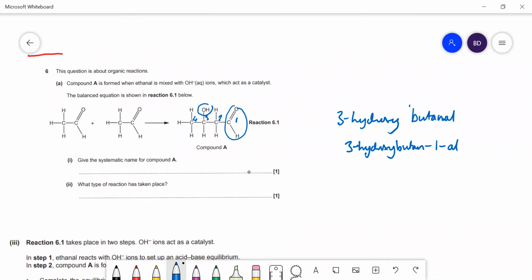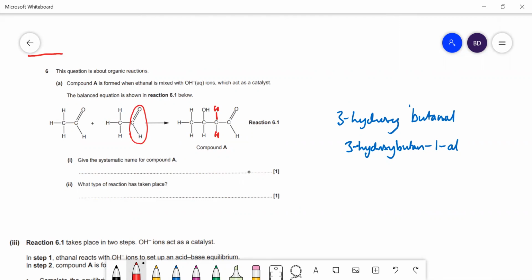Okay. Right, what kind of reaction has taken place there? That is quite tricky. Okay, so let's see what's happened there. Let's look at these, I'm going to draw these hydrogens here in red. Well, the aldehyde has remained untouched. So nothing has happened to that.